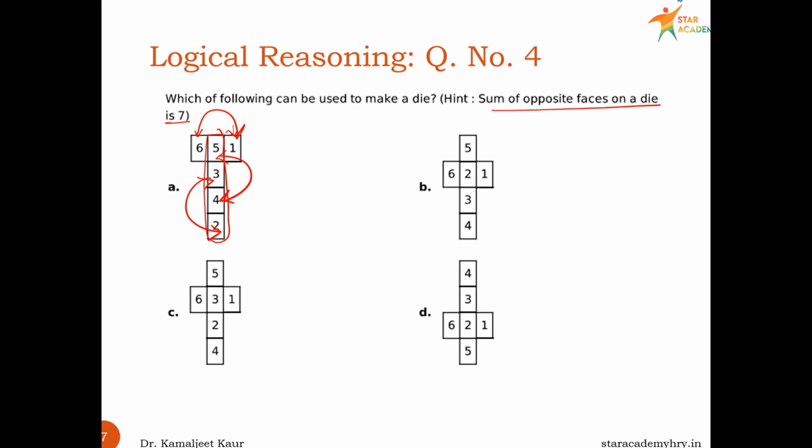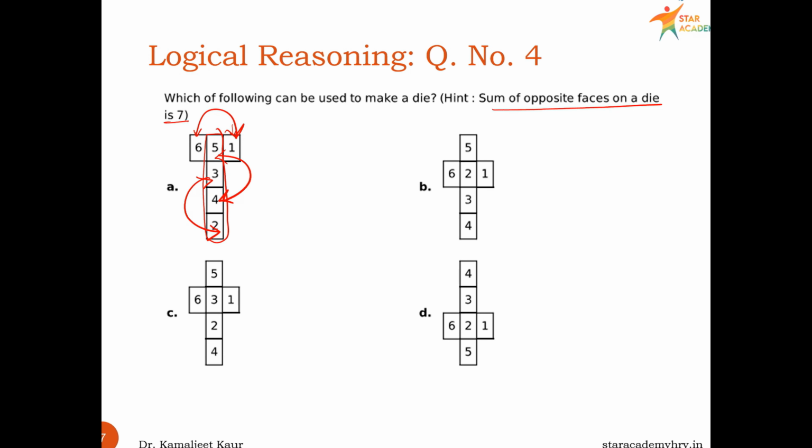So simply what we need to do is take the sum of alternate numbers, and if that sum is 7 in all the cases, then that particular net can be used to make a die. Let's check. Here 5 plus 4 is 9, so this is not the right answer.